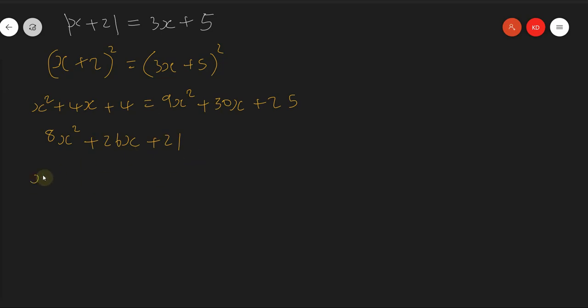So therefore we would say that x is equal to minus b, but b is 26, plus or minus the square root of b squared minus 4ac, and it's all over 2a. Therefore x is equal to, let's work out what's under the root sign.